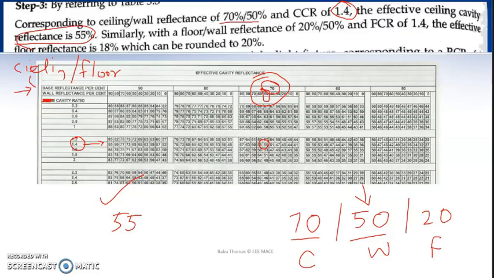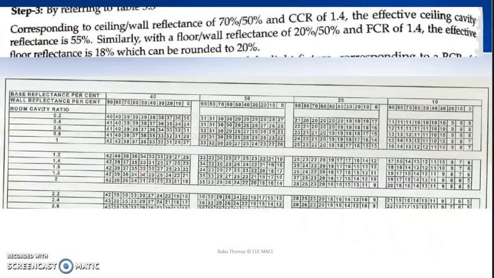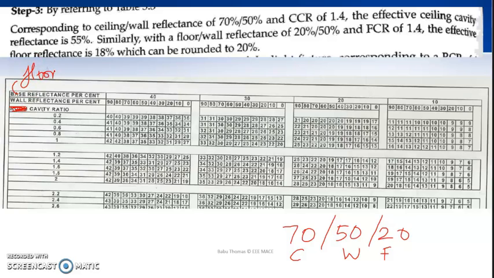The next case, we will be finding out the floor cavity reflectance. So here again it was given that 70, 50 and 20. So this was for the ceiling, this is for the wall, and this is for the floor. Again this is one. And now we are considering this as floor value. So the floor value is given as 20.